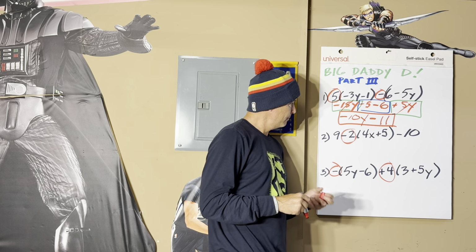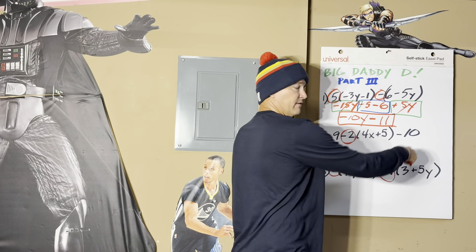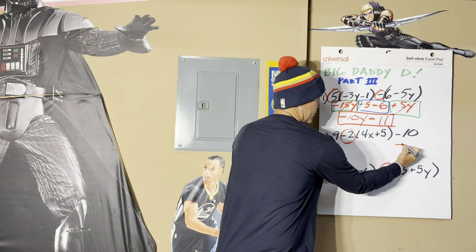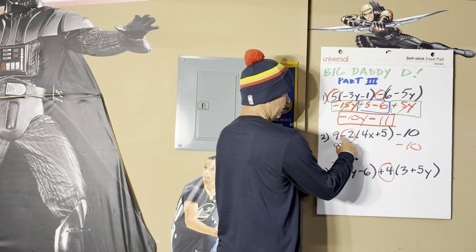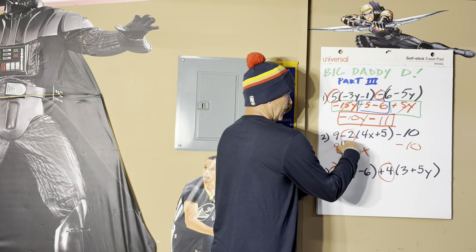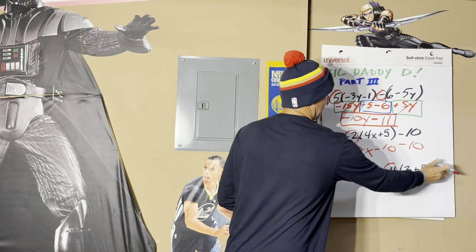All right, now this 9 is not being distributed. This -10, nothing's happening. So just get in the habit of bringing stuff down that doesn't get to play yet. All right, -2 times 4x is -8x. -2 times +5 is -10. Okay, so then we already brought down all that other stuff.